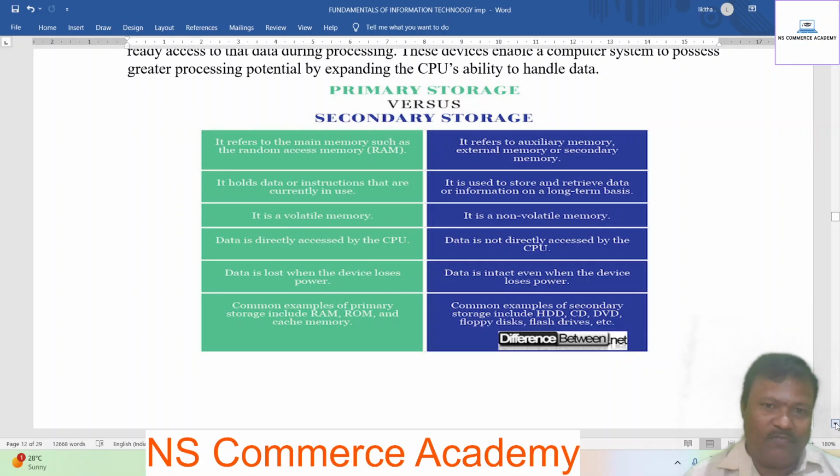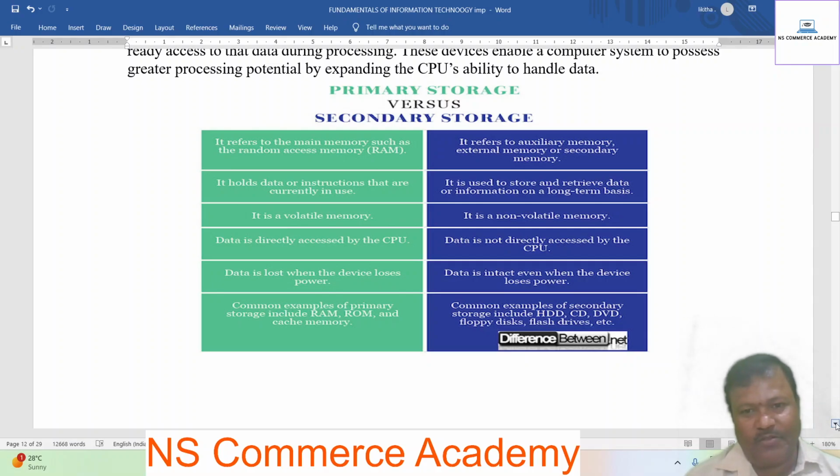Primary storage is a volatile memory. Secondary storage is a non-volatile memory. Primary storage data is directly accessed by the CPU. In secondary storage, data is not directly accessed by the CPU. In primary storage, data is lost when the device loses power.